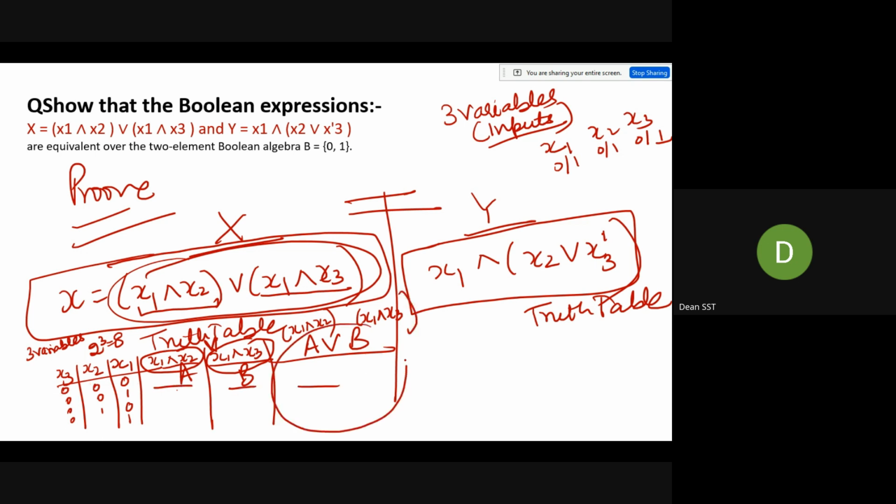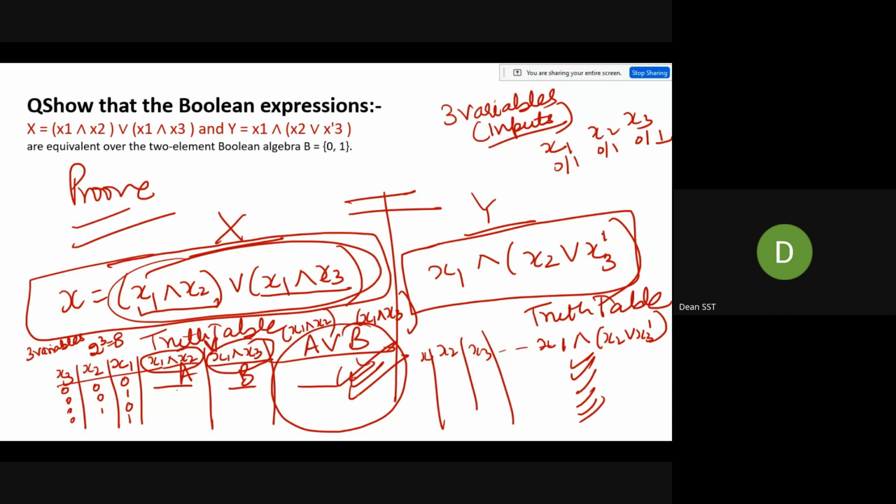Here also you want x1, x2, x3 and perform everything. At last you have to perform x1 and x2 or x3 bar. If these values come equal to these values, it means both are equal. Is it clear? So using truth table you can prove both the expressions are equal or not.